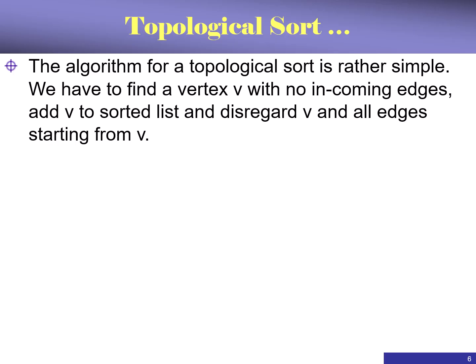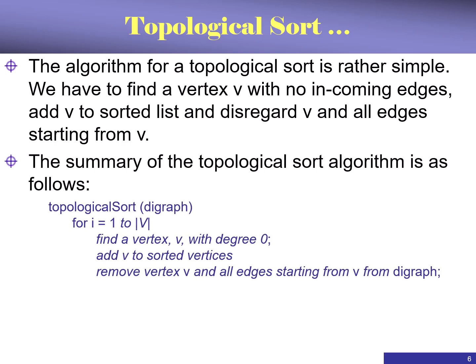There may be edges coming out of that vertex, so remove those also, then recalculate the in-degree for the remaining vertices and do the same. Find the vertex with 0 in-degree, add it to the sorted list, and remove the outgoing edges. Sometimes in a graph you may have more than one.